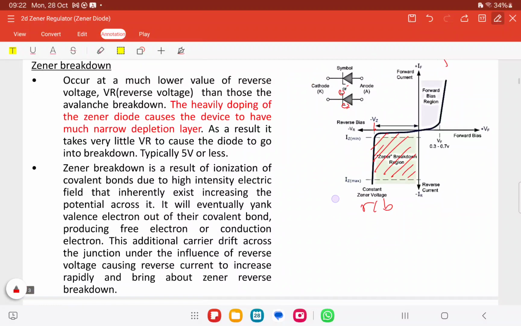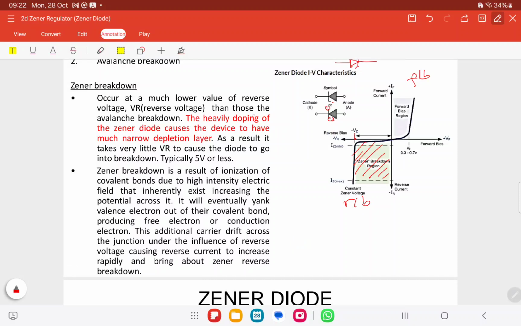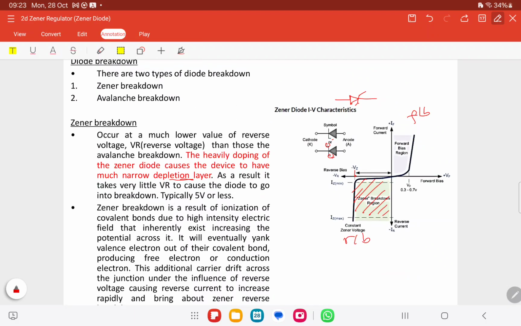Okay, yang ini if you guys baca, the heavily doping of Zener diode cause the device to have much narrow depletion layer. Depletion tu yang saya lukis this one. Depletion layer tu kat mana? Katakanlah this one is N, this is P, yang tengah ni kan.